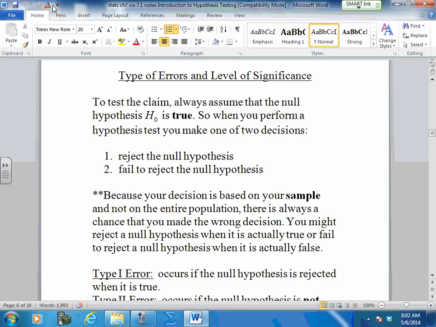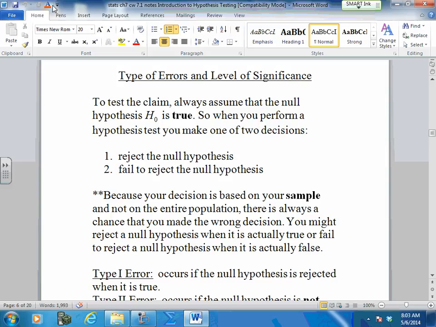Now, when you perform your test, one of two things can happen. Either you can reject the null hypothesis, because it didn't really turn out to be true, or you could fail to reject the null hypothesis, because it probably was true. So this is the way we state this.